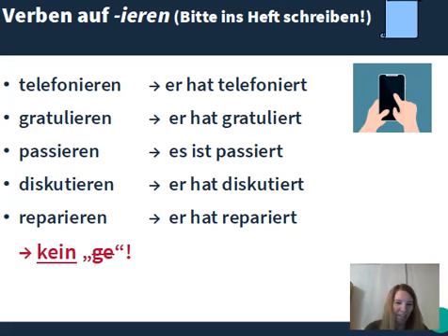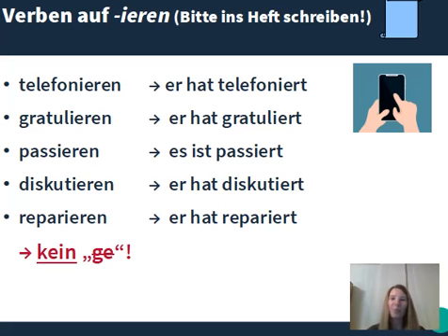No screenshots. Okay, so I said before, Verben auf ieren are easy, because if you look at it, what happens is you get a T at the end. They lose the en, all of them get a T, and there is no ge in the beginning. Kein ge.